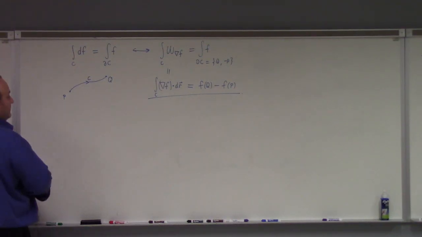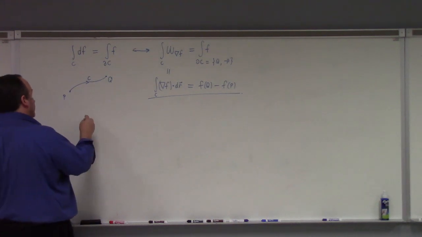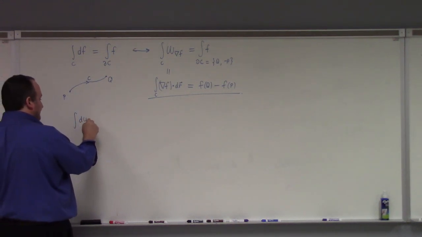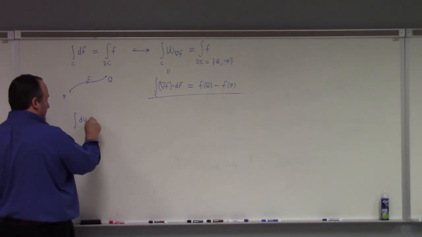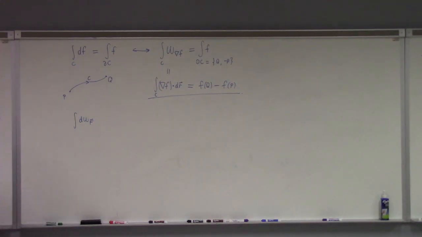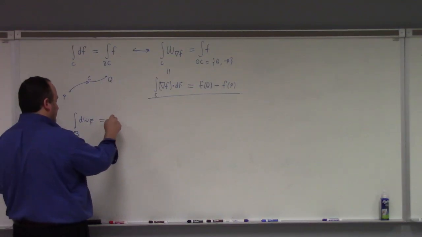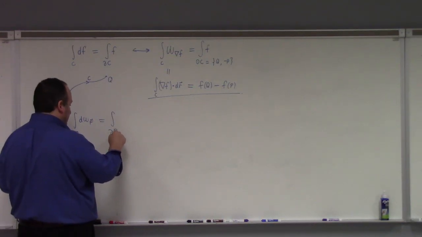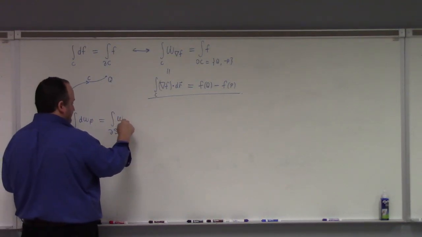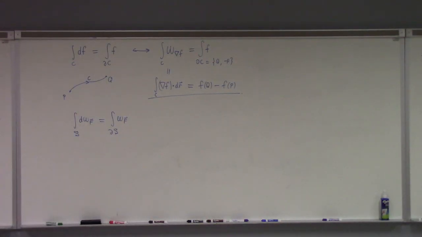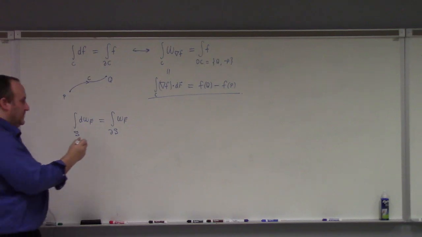But if we can play this game for the derivative of a 0 form, we can just as well play the game for the derivative of a 1 form. What's the exterior derivative of a 1 form? It's a 2 form. And so in order for that to make sense, I have to integrate over a surface, you see? But the generalized Stokes theorem says that's the integral over the boundary of the surface of omega f. But what are we looking at?